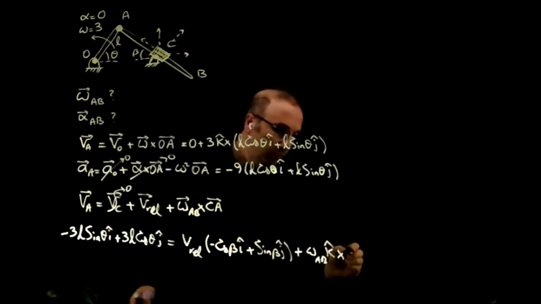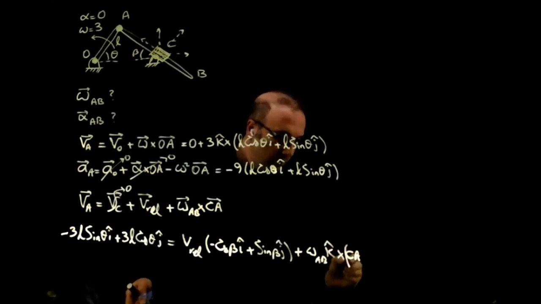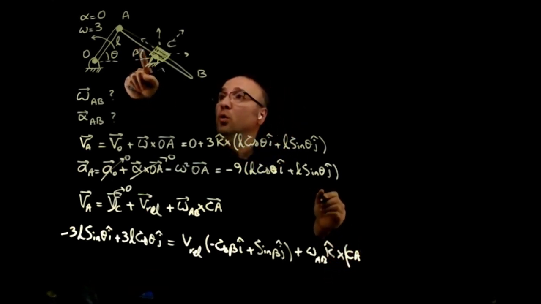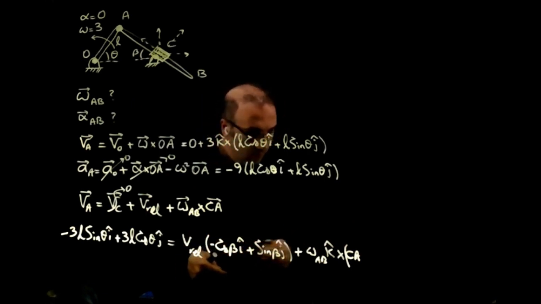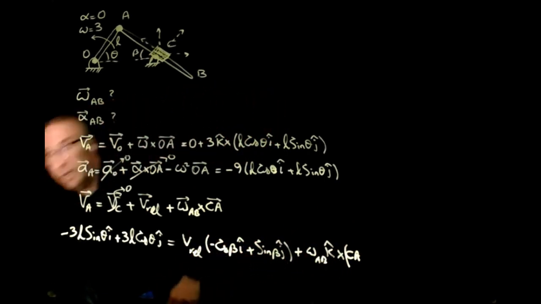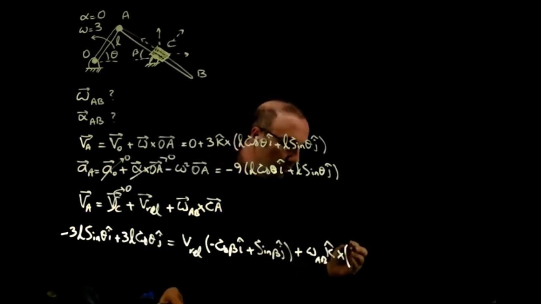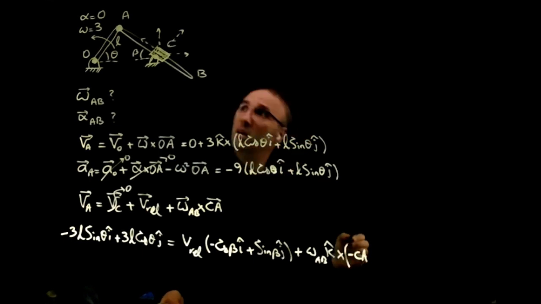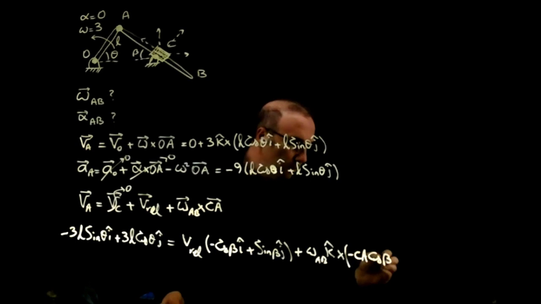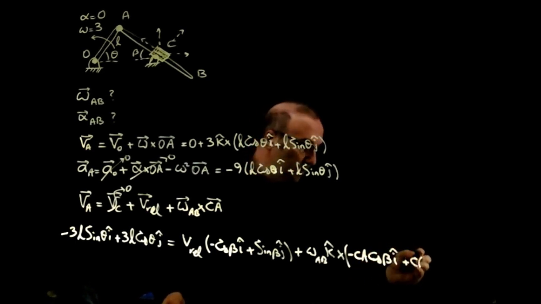Again, it would be negative CA cosine beta I hat plus CA magnitude sine beta J hat.